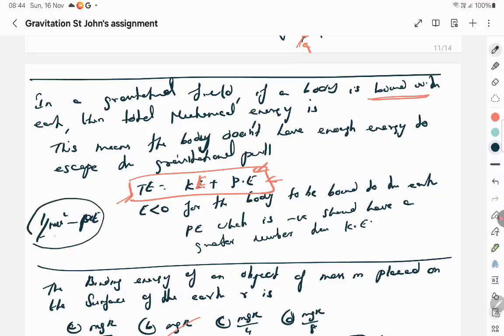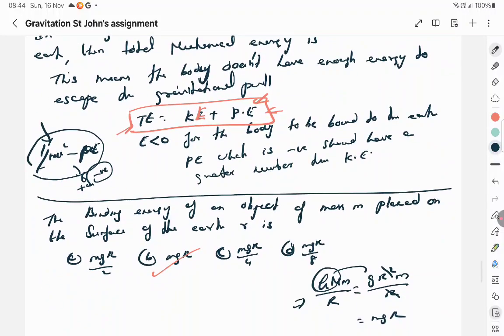The net energy doesn't become zero or positive, it always remains negative. The total energy should always remain negative. The kinetic energy's magnitude should always be lesser than the potential energy, so that the kinetic energy cannot overcome the potential energy and is not able to escape. The total energy should always be negative.